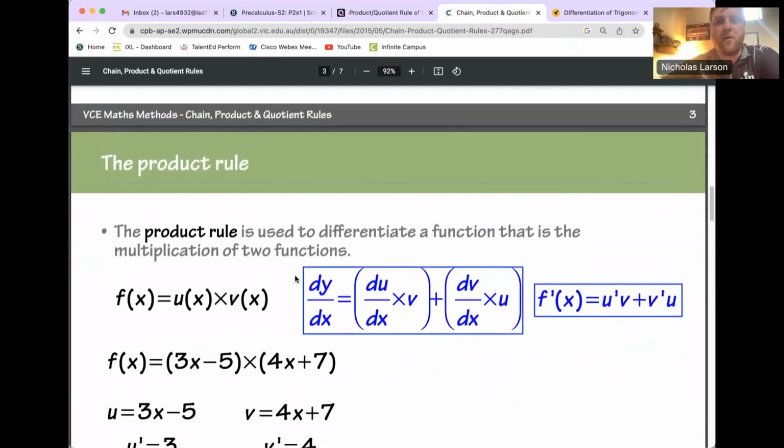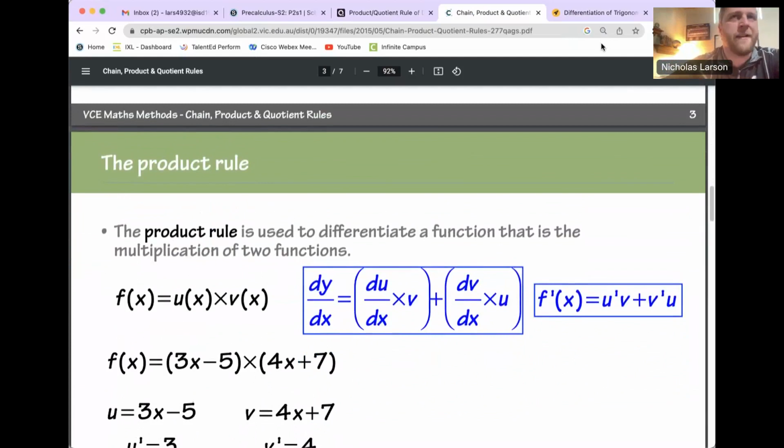The power rule is kind of basic. Whatever our exponent is, we take the exponent down to the front. So if we had x to the third, we would move that 3 to the front, and then subtract 1 from our exponent. So it would be 3x squared. That's the generic.